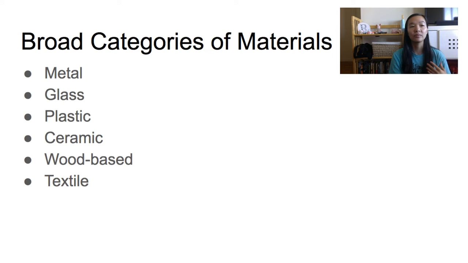The materials in these broad categories are way more nuanced than I'm talking about, and there are categories inside categories. But I just want to hit the basics so you have a general framework for thinking about what things are made of. So we're going to talk about metal, glass, plastic, ceramic, wood-based, and textile.